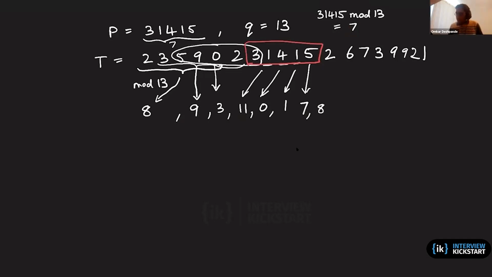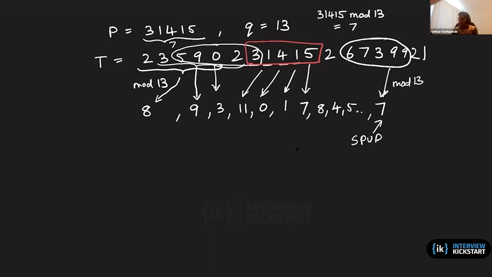Now this will continue on, but when we come to this window 67399, it turns out that when you take mod of 13, you also get a 7. So even though the substring in T, 67399, does not match the pattern, after taking a mod operation, we can get a spurious hit.